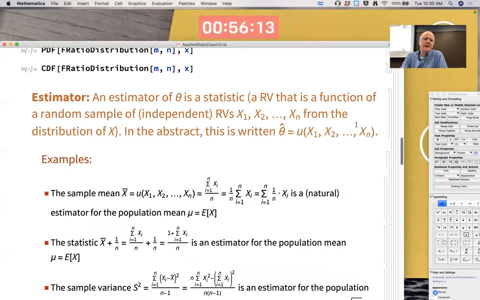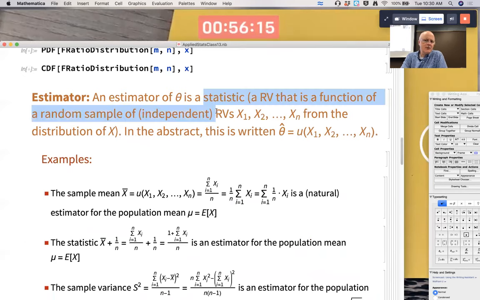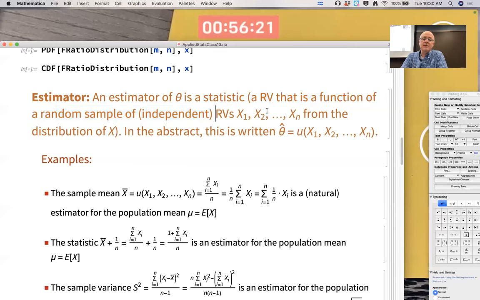What is an estimator? It is a statistic, which means it's a random variable that is a function of a random sample. Random sample automatically assumes the variables are independent. Here's the notation for it. Theta hat is your statistic. The U is just a function name.